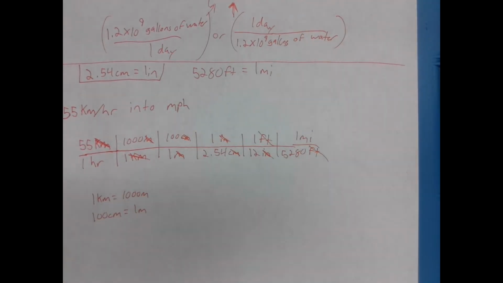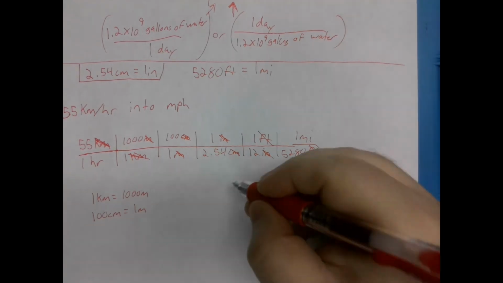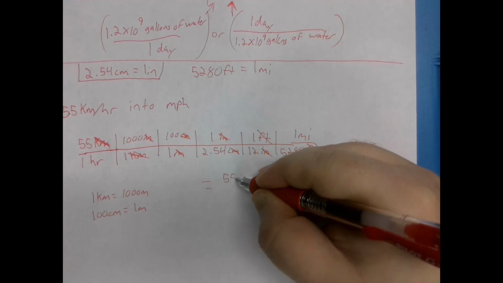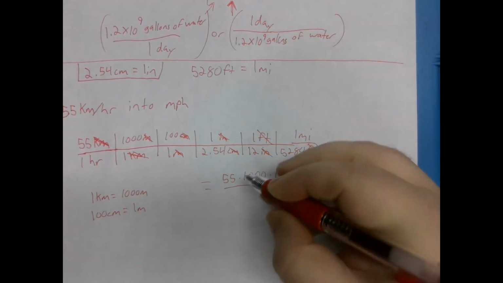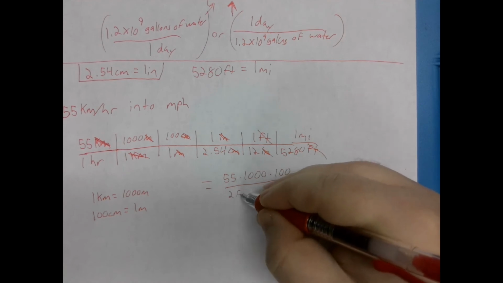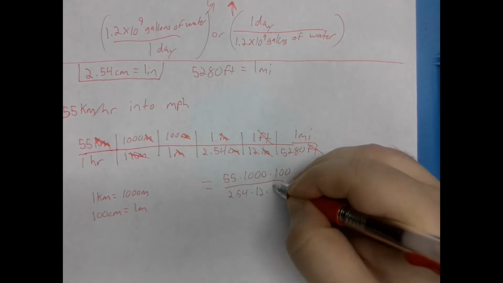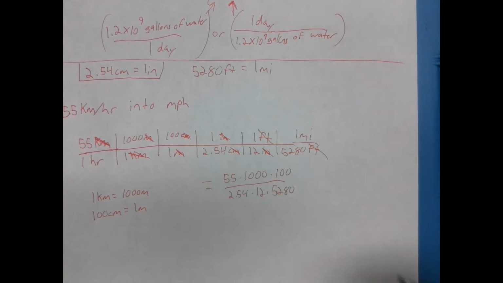This is how I personally convert unless I Google it. Most of the time I just Google it. But if I don't have Google and all I have is a calculator with no internet, this is the conversion I would do. So this would be equal to 55 times 1,000 times 100 divided by 2.54 times 12 times 5,280.